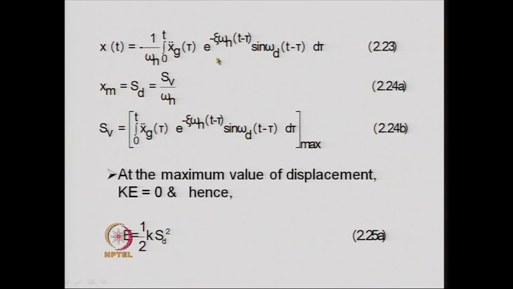we can see that this equation contains a term which is sin omega d (t minus tau), and another term is an exponentially decaying function which gets multiplied with this.